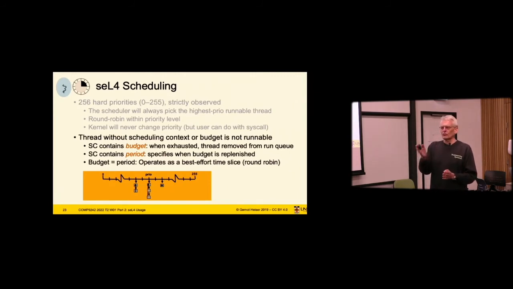The thread will execute until the time slice, which is the budget, is depleted, and then it gets put at the end of the scheduling queue at that priority. If it's the only one at that priority, it will immediately get scheduled again. Otherwise, someone else gets a go in round-robin fashion. So that bit is pretty straightforward.